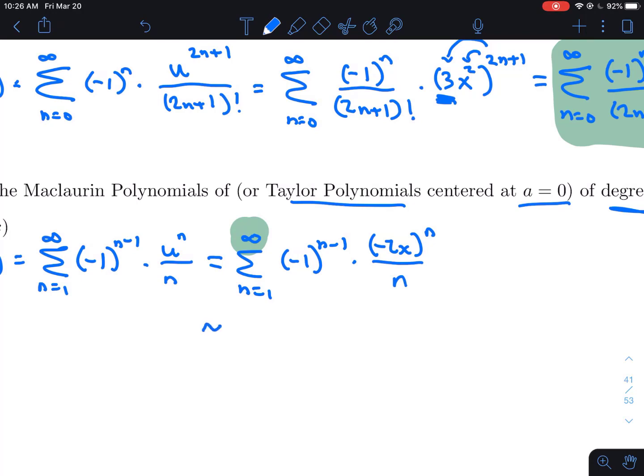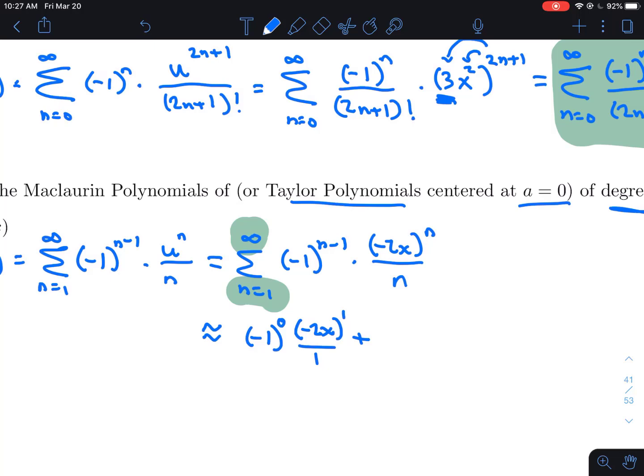So I'm going to say this isn't really equals, but it's approximately the same as, and now we're just going to start. We're going to plug in 1, we're going to plug in 2, all that sort of stuff. We start at 1 because that's what it tells us to. So if I plug in n equals 1, I'd have negative 1 raised to the 0th power. We'd have negative 2x raised to the first power, and we divide by 1. So that's me plugging in 1 everywhere I see an n.